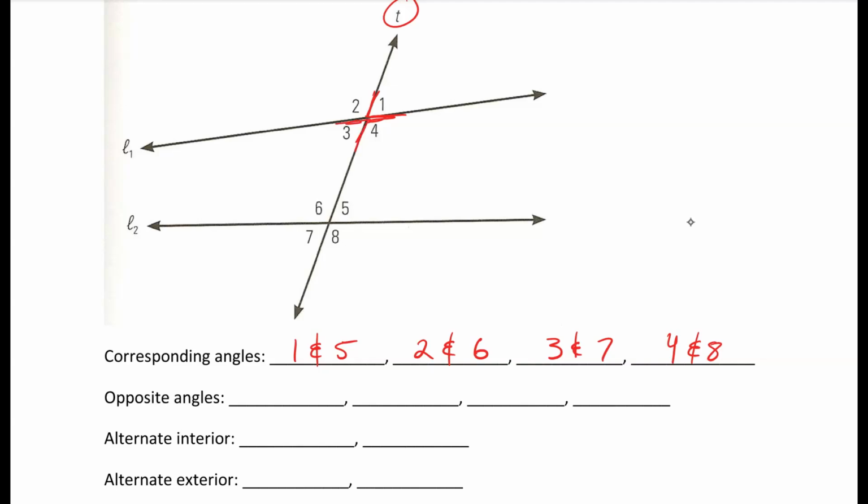So they're vertically opposite. They're right across from each other. So we'd have 1 and 3. Another one that we would have is 2 and 4 because they're vertically opposite. Opposite of 5 would be 7. And opposite of 6 would be 8.